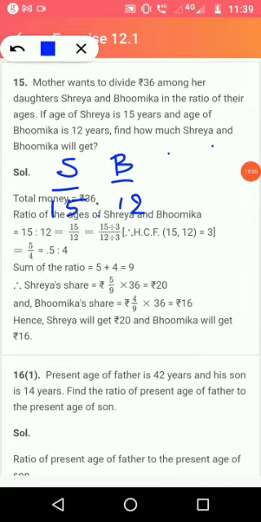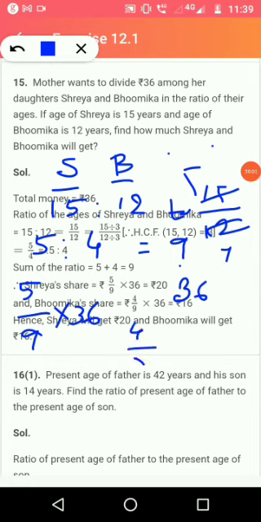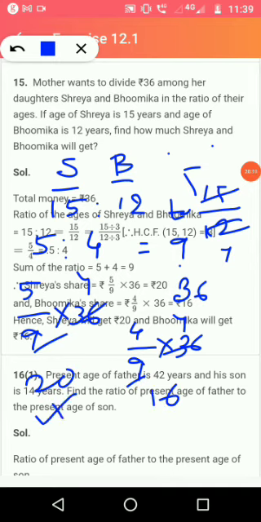Best way to do is always simplify. 15 by 12, 3 5s are 15, 3 4s are 12, so 5:4. So what is the total here? The total is 9. And how much she has to divide? 36. So Shreya will get 5 by 9 into 36 and Bhumika will get 4 by 9 into 36. That is 20 and 16. So Shreya will get 20 rupees and Bhumika will get 16 rupees.